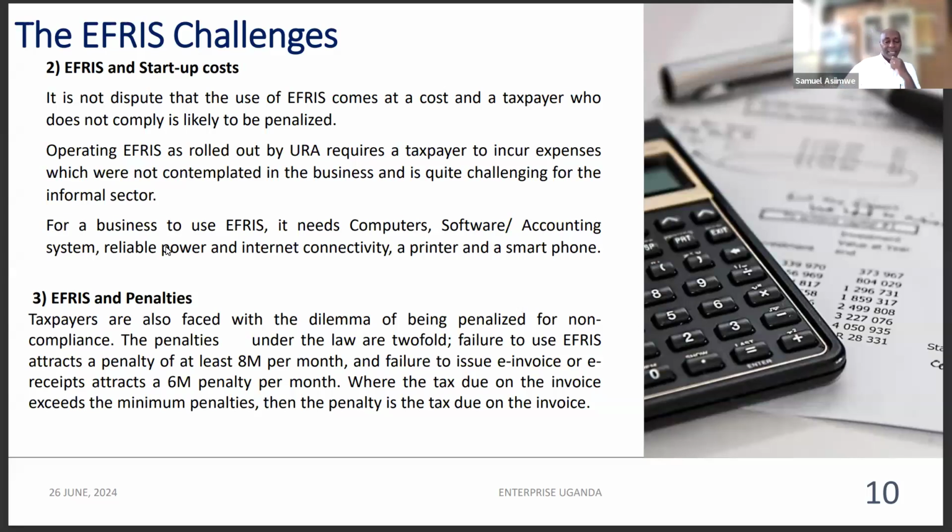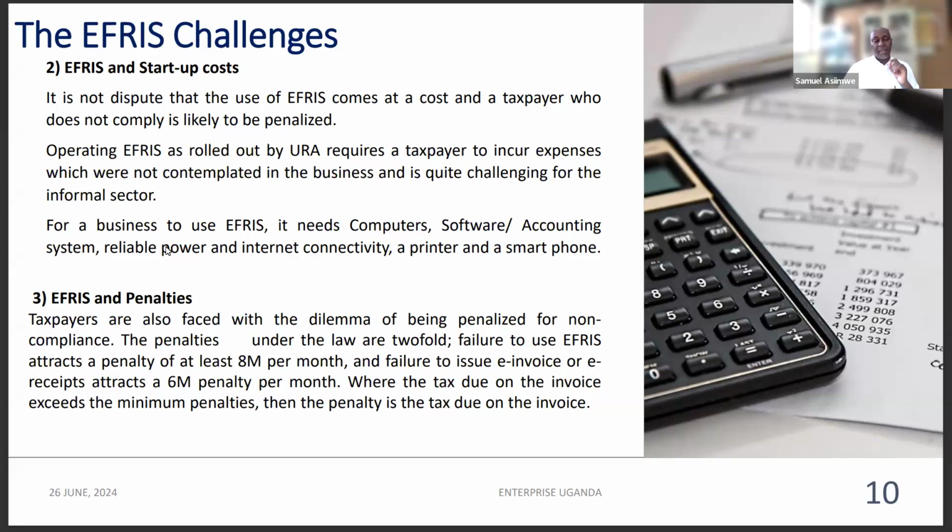Also, where the tax due on the invoice, like if you have an invoice which has a VAT amount, the tax component, of about 10 million, for example, the invoice is over 100 million, definitely the VAT component will be over 6 million.